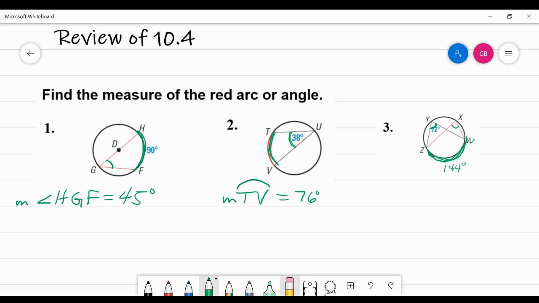And then angle WXZ is half of 144. So the measure of angle WXZ is 72 degrees. Okay. And you should notice that inscribed angles that intercept the same arc are congruent to each other. So that's why angle WXZ is also the same as WYZ.